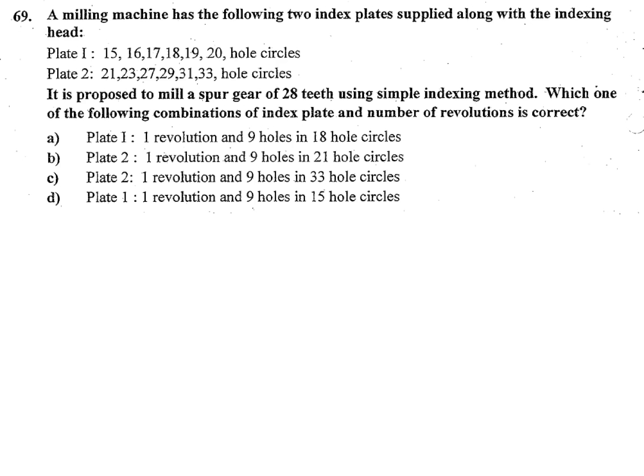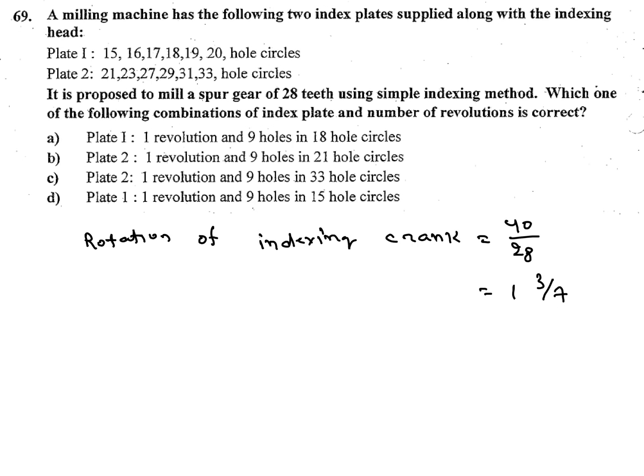Simple indexing, spur gear 28 teeth, so indexing division 28. So our formula is rotation of indexing crank equals 40 by 28, which is 3 by 7 turns. One complete rotation, then 3 by 7.